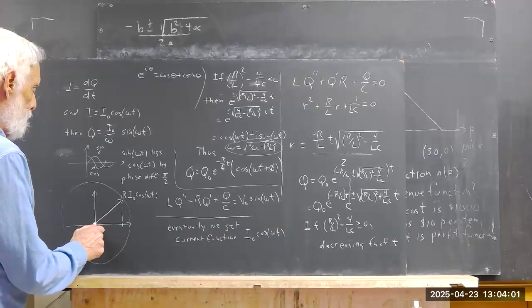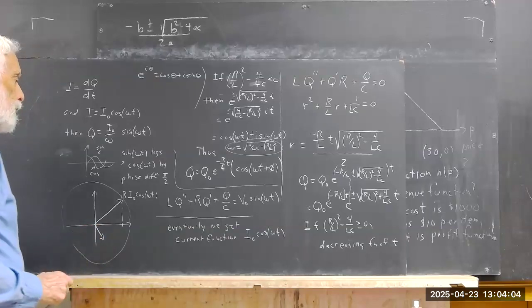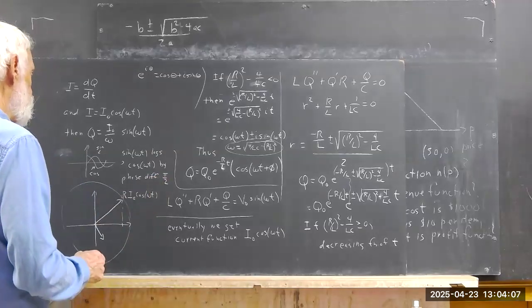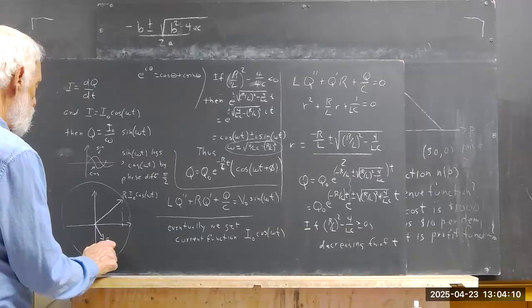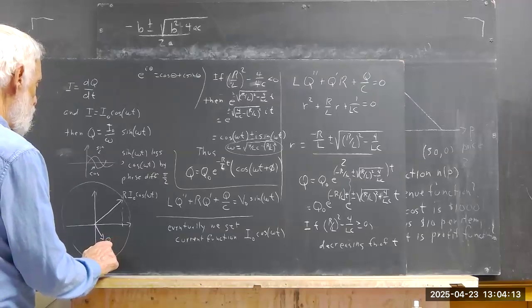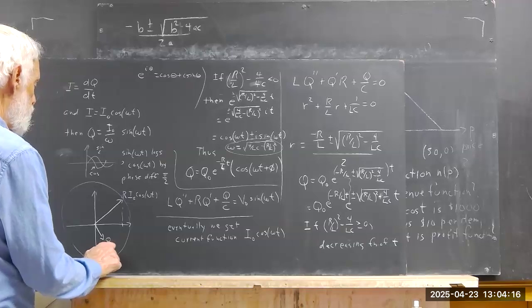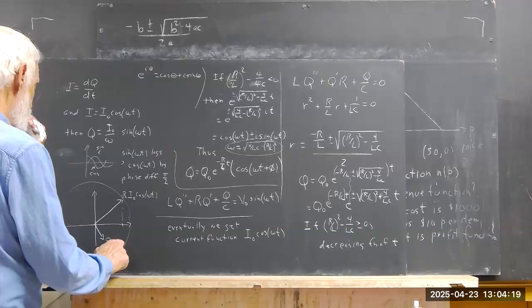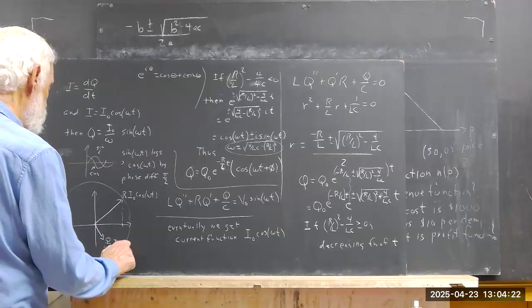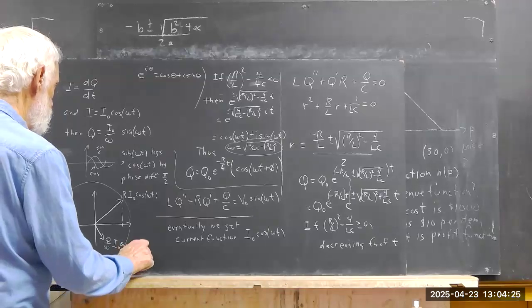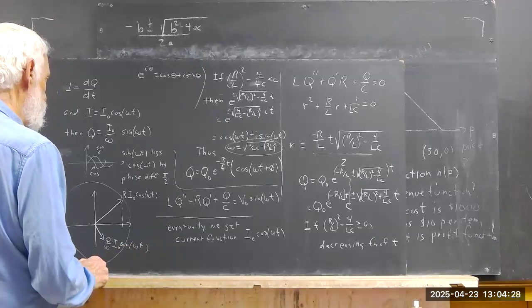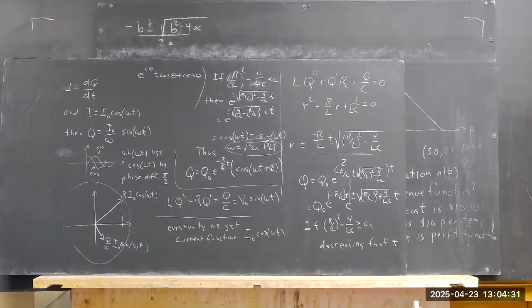It's going to be out of phase by pi over 2. That making any sense?